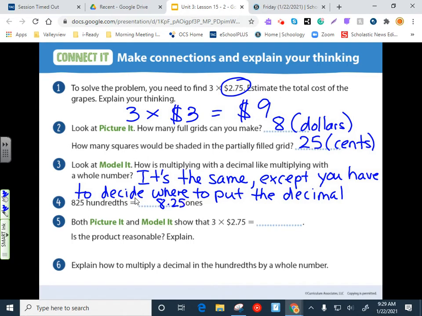Both picture and model show that 3 times 2.75 equals $8.25. Is the product reasonable? Yes. It's close to our estimate.